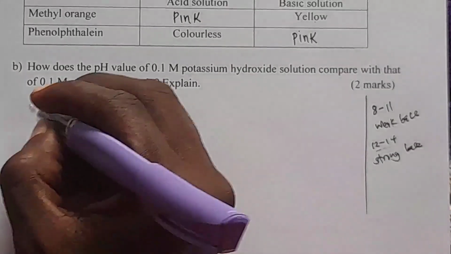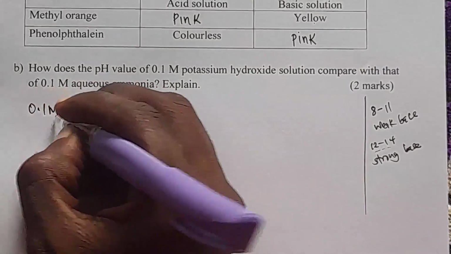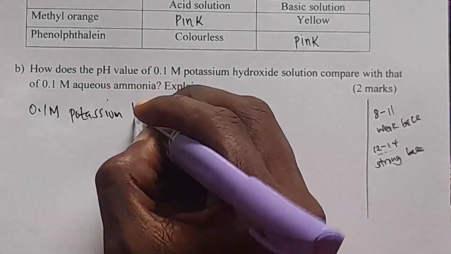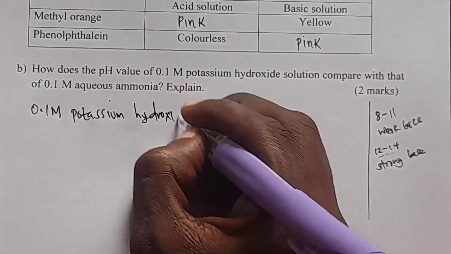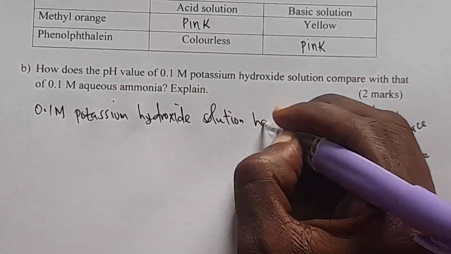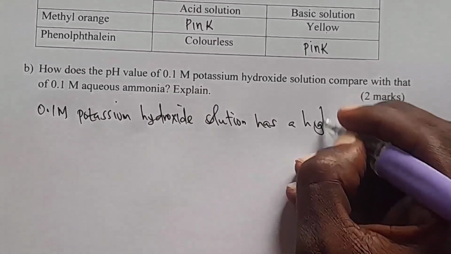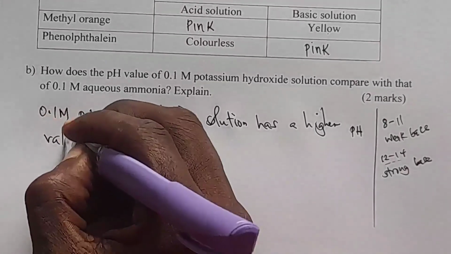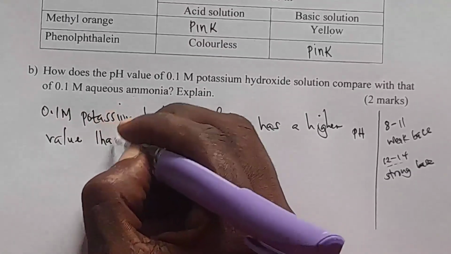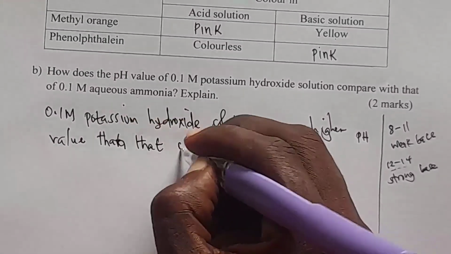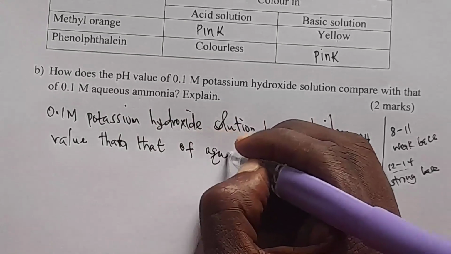So to start, we are going to say 0.1 molar potassium hydroxide solution has a higher pH value than that of aqueous ammonia.